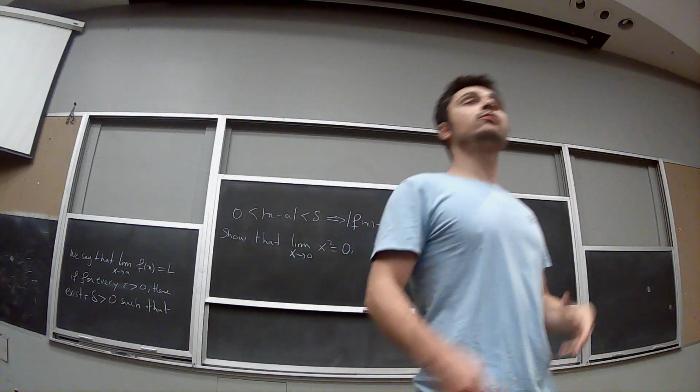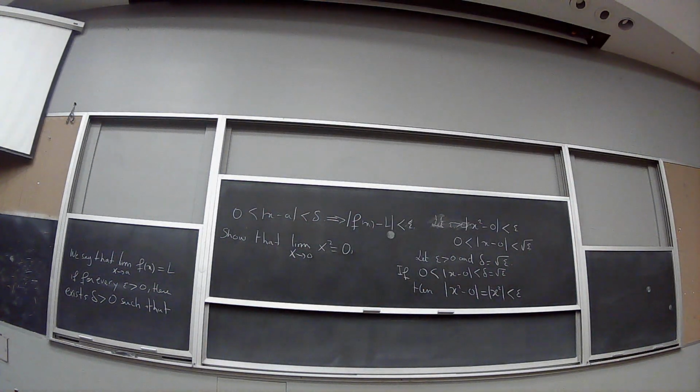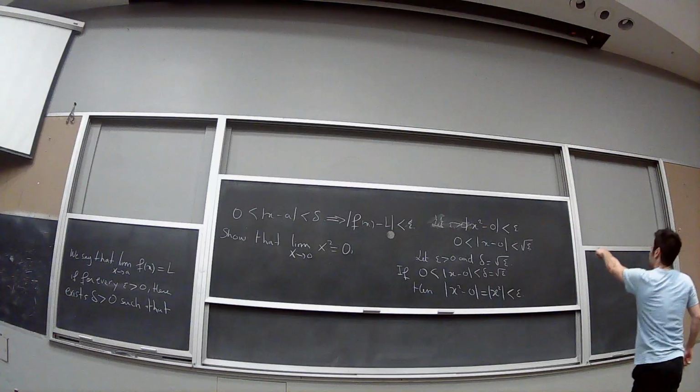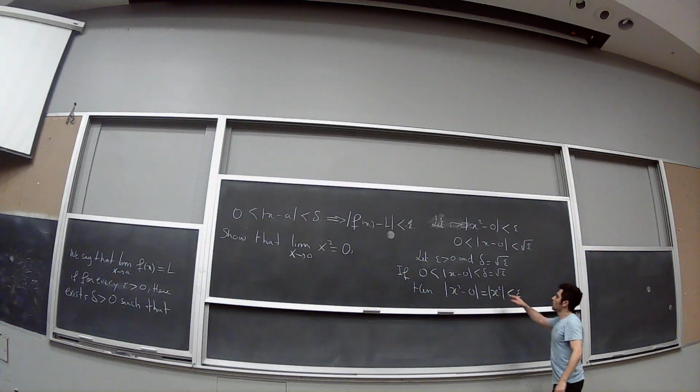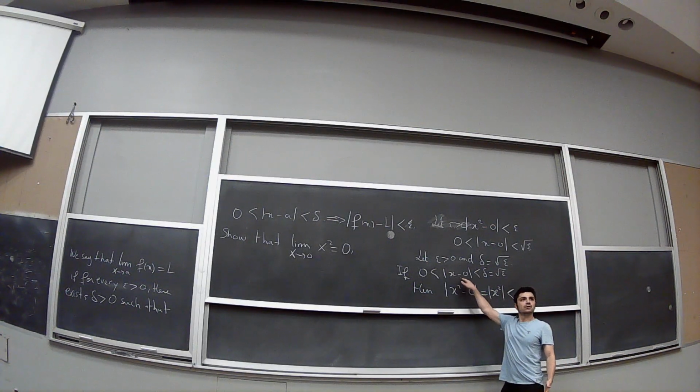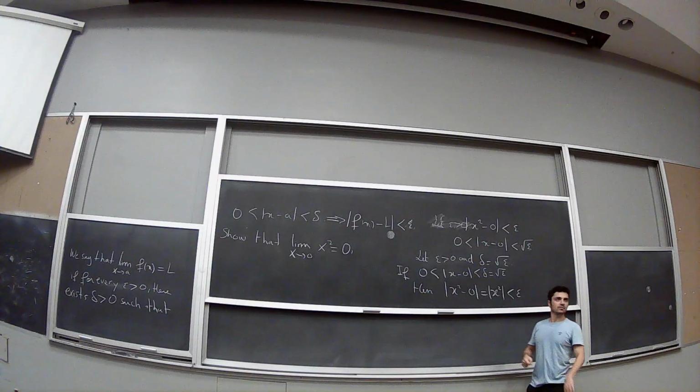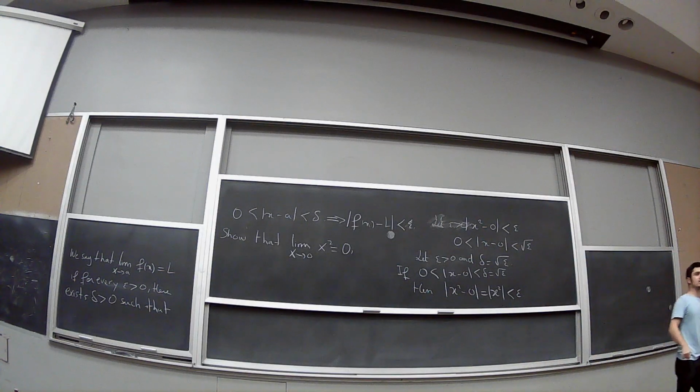Then you have to tell me how to choose x. That's a delta. I give you an epsilon, and you have to give me a delta, for which the difference between f of x and L is less than epsilon.